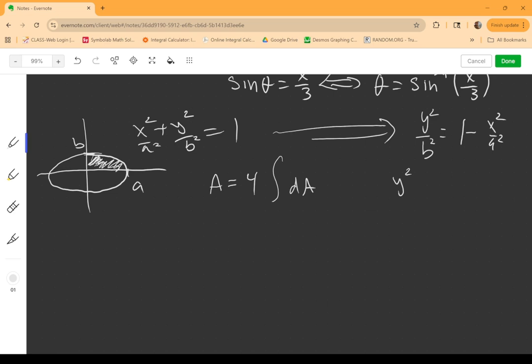Multiplied by b squared, we get b squared times 1 minus x squared over a squared. Taking the root, usually when we take the root of a square it'd be plus or minus, but I'm just going to take the plus one because that's the top part of this curve here. The minus one would be down here. So y would be the root of b squared, which is b, times the square root of 1 minus x squared over a squared.